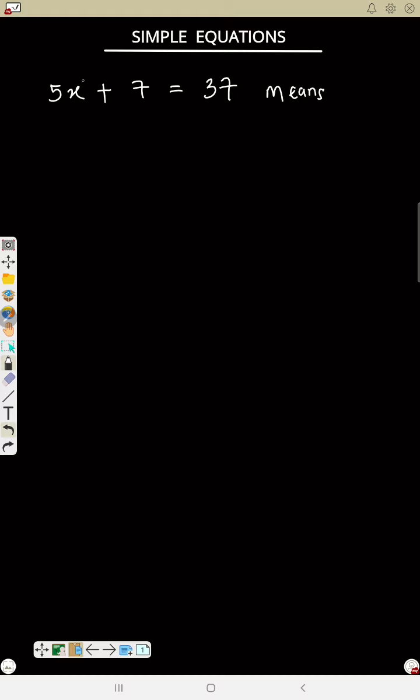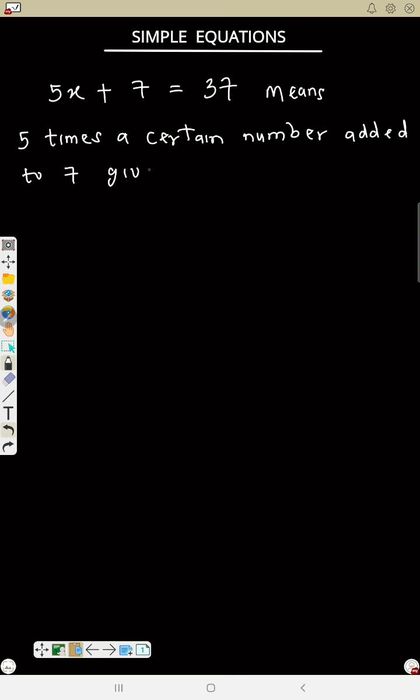So now this means 5x is the same thing as 5 times a certain number added to 7 gives 37.